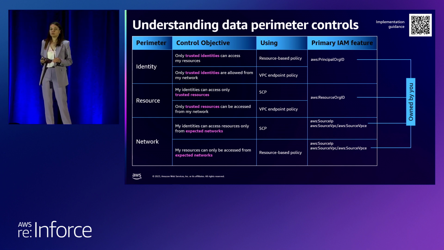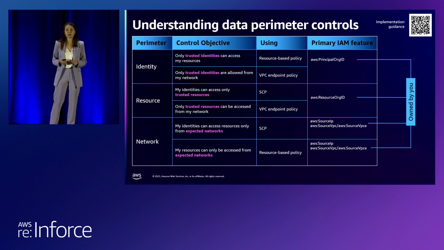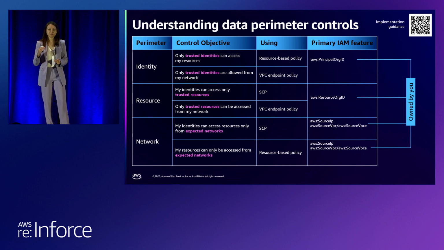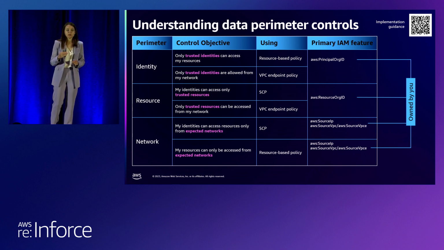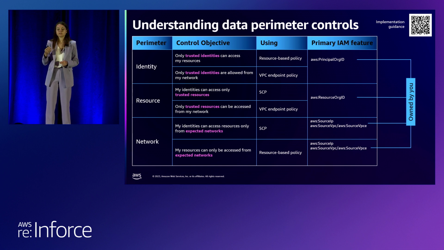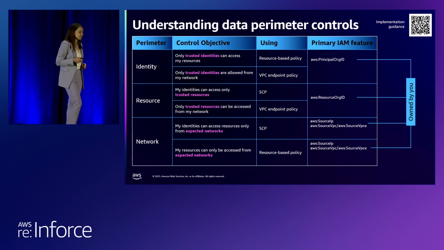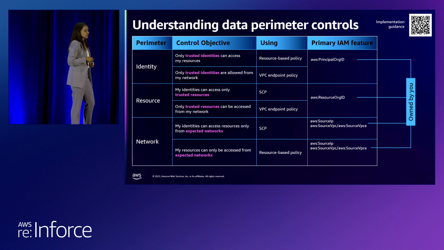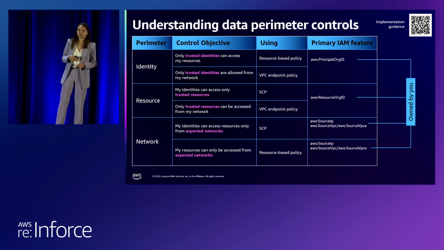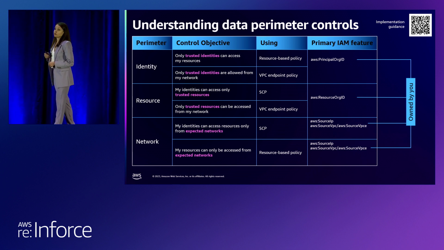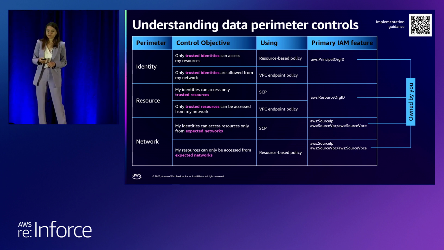Resource org ID can be used to write a policy that denies access unless the resource that is being accessed belongs to your organization. And in both of these cases, you will be specifying your organization ID as the value for those keys. With source IP and source VPC, you will be defining your public CIDR ranges and VPC IDs that belong to your organization to ensure that access is only allowed from your company's managed networks.